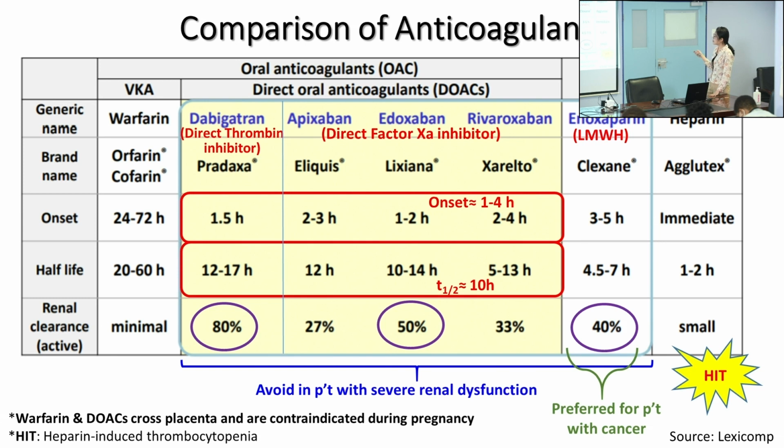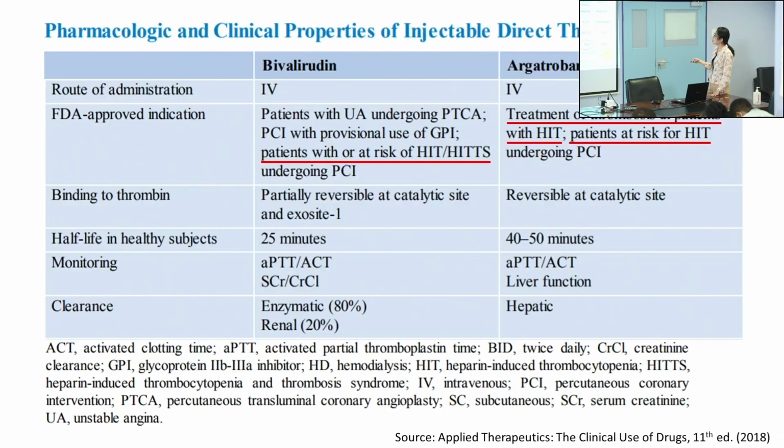And when heparin-induced thrombocytopenia occurs, usually if we have the direct thrombin inhibitors in developed countries, we will use the parenteral direct thrombin inhibitors for the situation of heparin-induced thrombocytopenia.